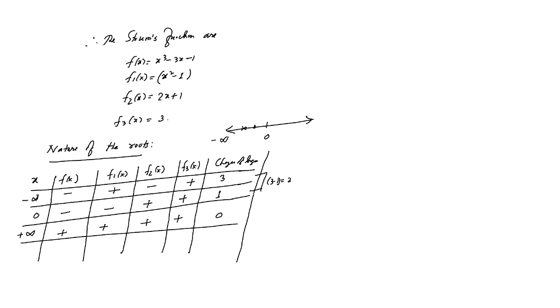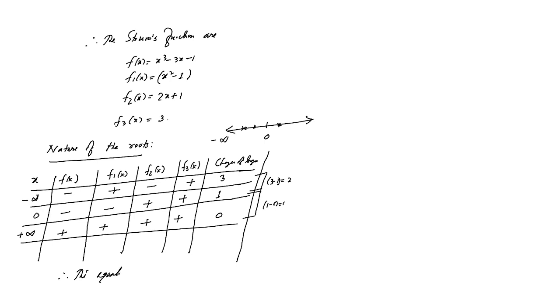From 0 to infinity, the excess changes of sign is 1 minus 0, which is 1. That means 1 positive root. The equation degree is 3, with 2 negative real roots and 1 positive real root, so the equation has 3 real roots.